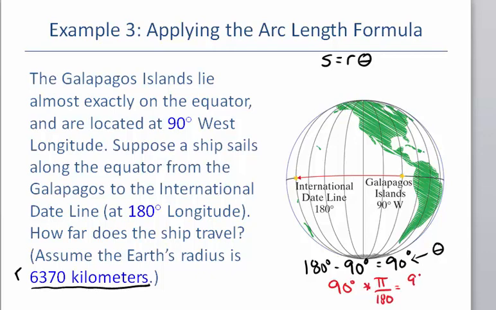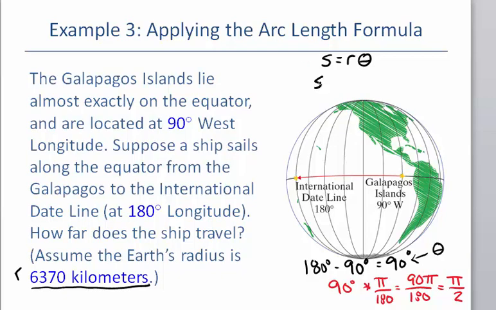And so when you multiply that, you're going to have 90 pi over 180, which is going to equal pi over 2. Again, having that memorized is going to be faster, but if you need to convert it, then convert it. So you know that your angle is pi over 2, and we know that our radius is 6,370, and so we'll go and plug into our formula now.